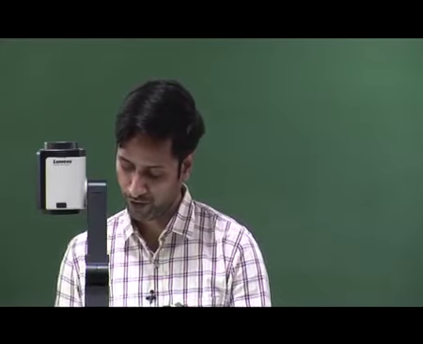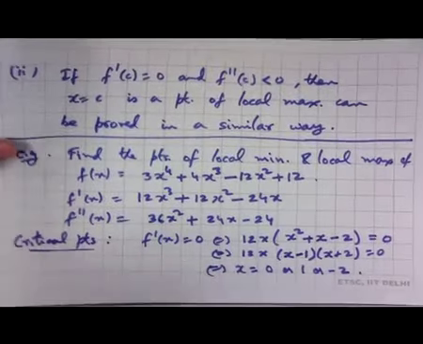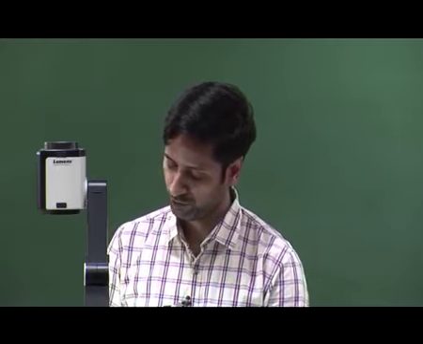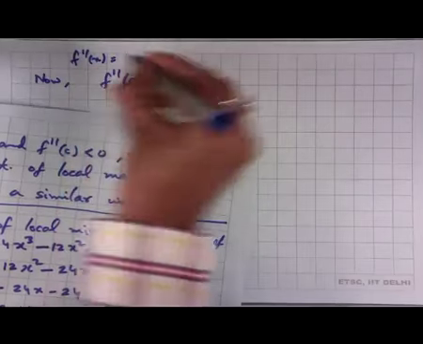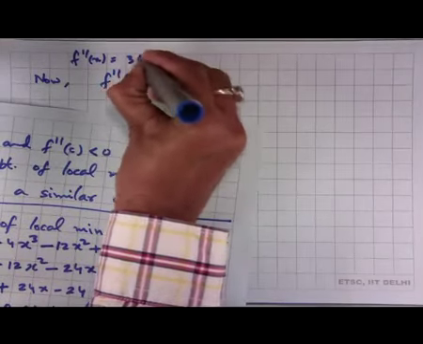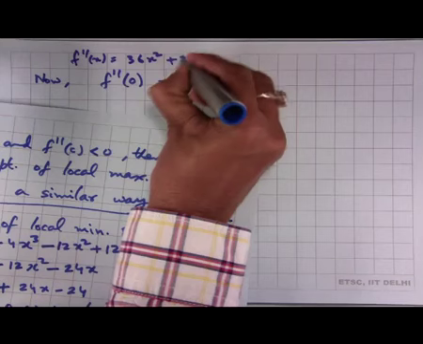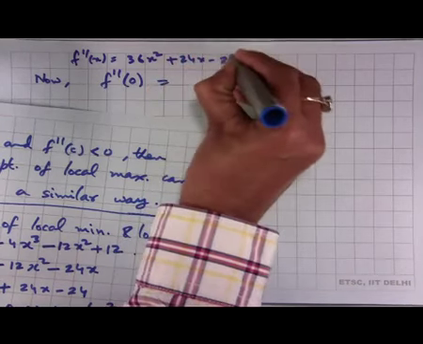Now, we use the second derivative test. So, we need to find the second derivative at these points. So, now f double prime at 0, if I put x equal to 0, let me write down what is f double prime of x. This is 36x square plus 24x minus 24.